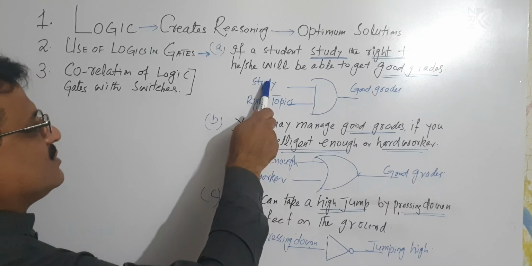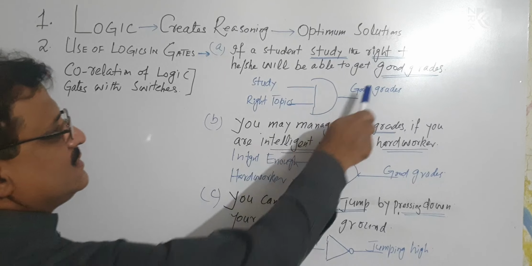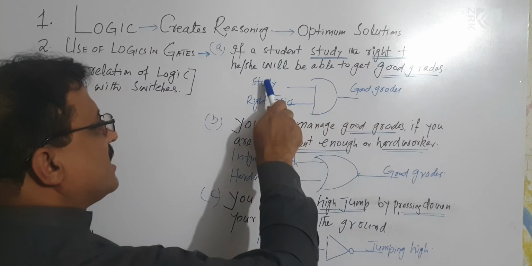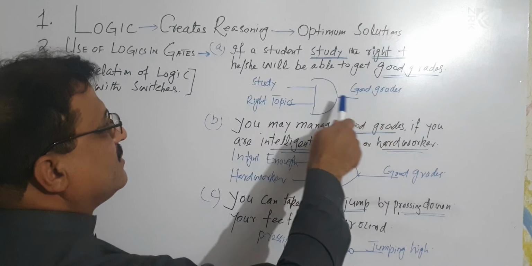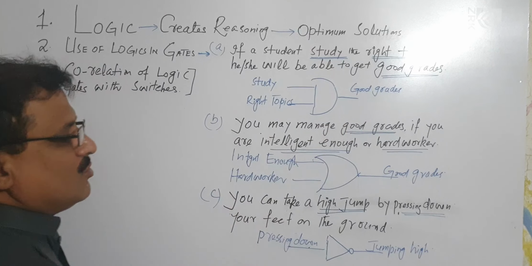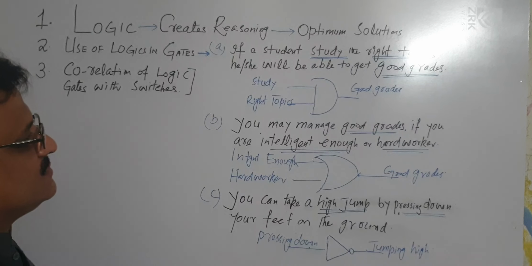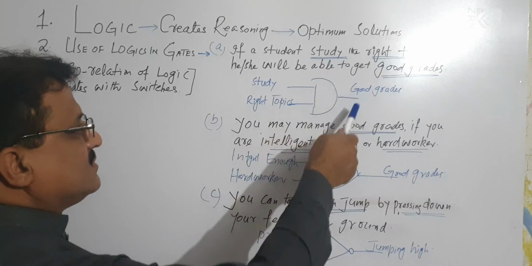The two inputs are the two reasons, the two conditions for that issue. The issue is getting good grades. Good grades will be produced as per the input conditions, and it will be decided by the logic circuit. We will not manually give the output, the result. Automatically this logic circuit will produce the result.